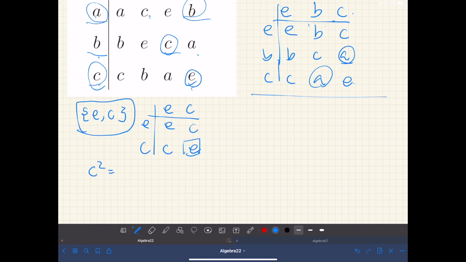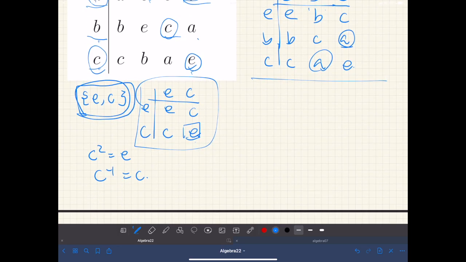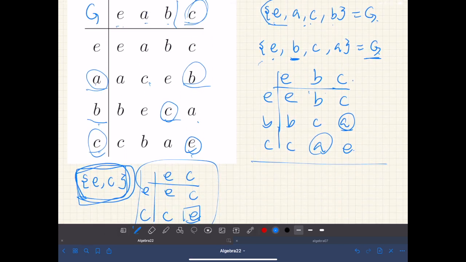So c squared is equal to e, so that means c inverse is c. And this is closed. And so this is a proper subgroup of G. And we have tried all possibilities, and this is the only proper subgroup of G if G is given by this Cayley table.